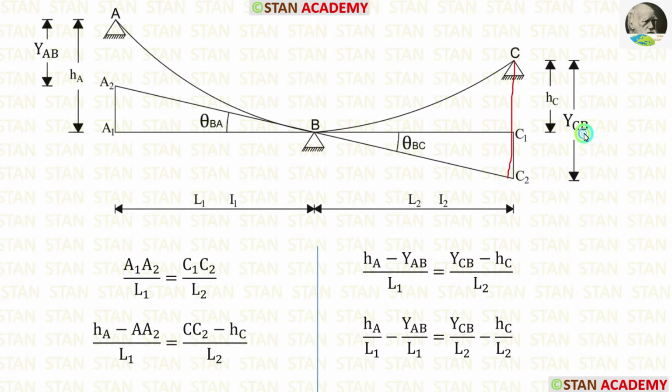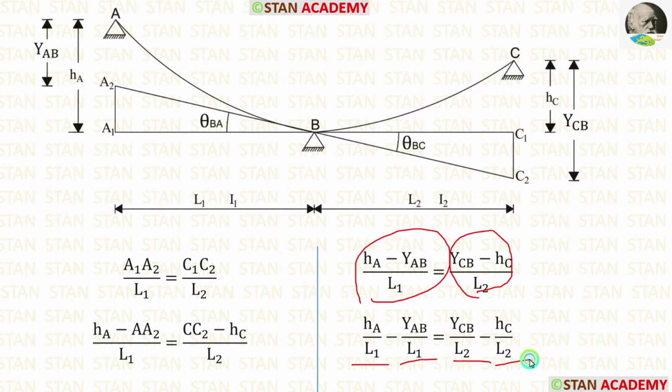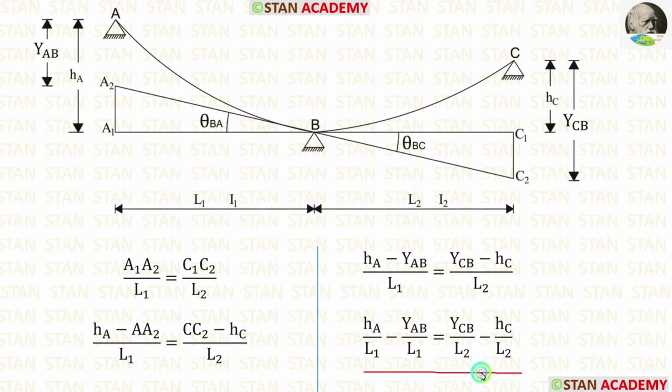CC2 is the deflection YCB. So for CC2, let us apply YCB. Let us split this into two values. Also let us split this one into two values. So in this equation, if we calculate YAB and YCB, we can make the three moment equation. So let us find YAB and YCB.